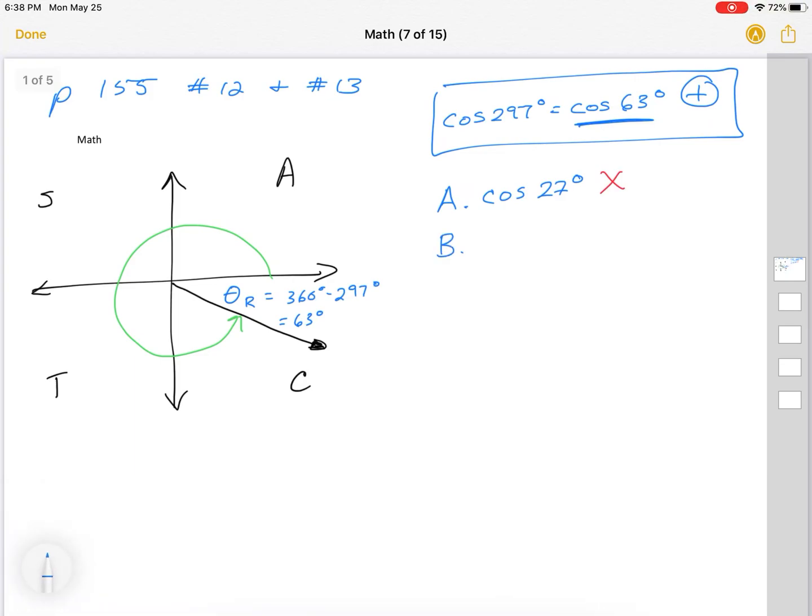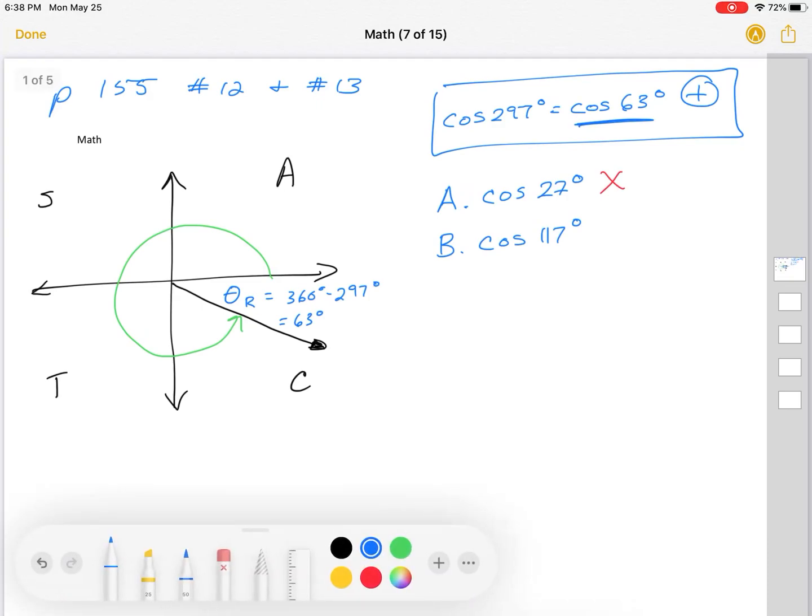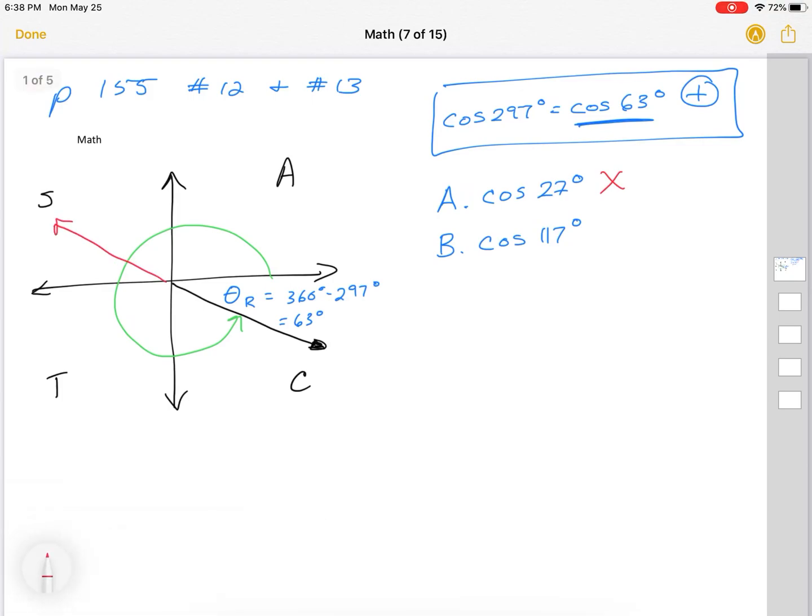Okay, B, cos of 117 degrees. Well, 117 degrees is going to be in quadrant number 2. Now, if you do your math, you can determine that it will also have a reference angle of 63 degrees.